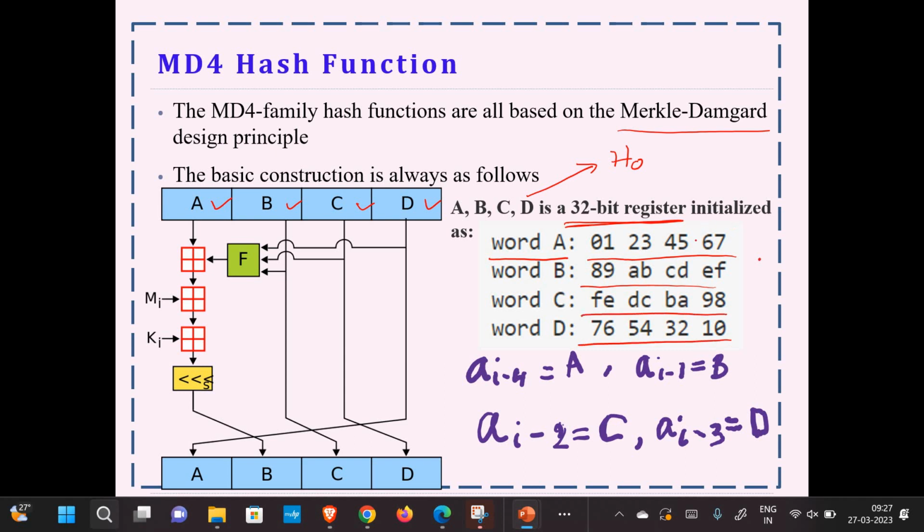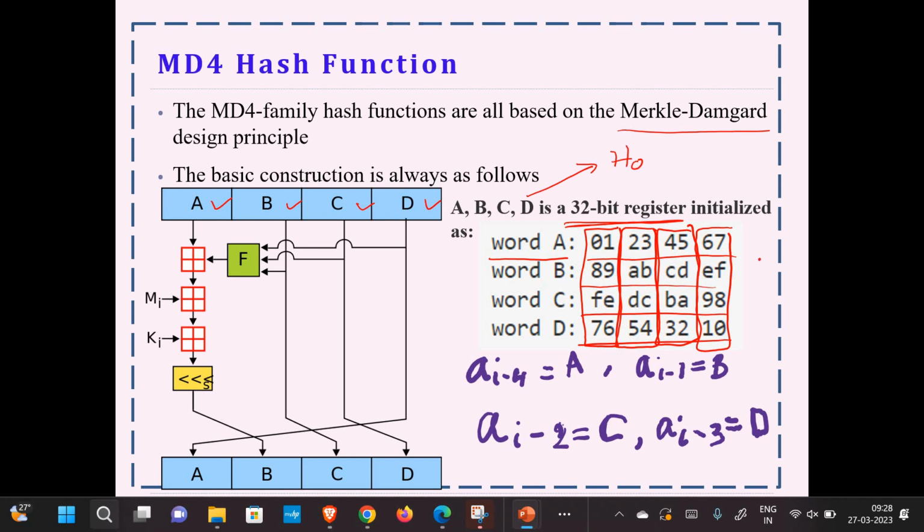For example, 67EF like this, if I block it this way, the content of ABCD will be something like 0189FE76. So ABCD will be of that element. And it will go on with different changes. We'll see that later. But basically ABCD is a register which will have the initial content like this.